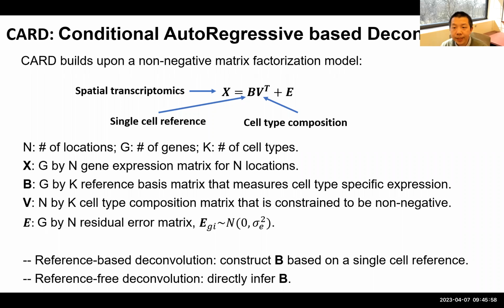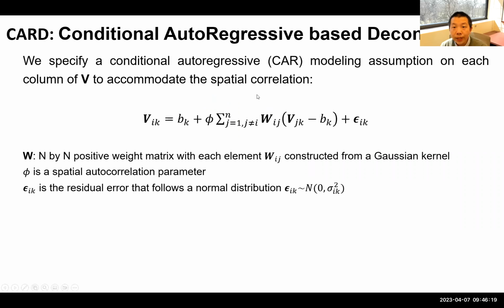We try to infer this N by K matrix, where you have K cell types and you measure the cell type composition on each of the N locations. So this is our basic model. It's a non-negative matrix factorization model because V is non-negative, and V is constrained to be between 0 and 1. Now, for the V matrix, we specified a conditional autoregressive modeling assumption on the columns of V in order to model the spatial correlation across neighboring locations.